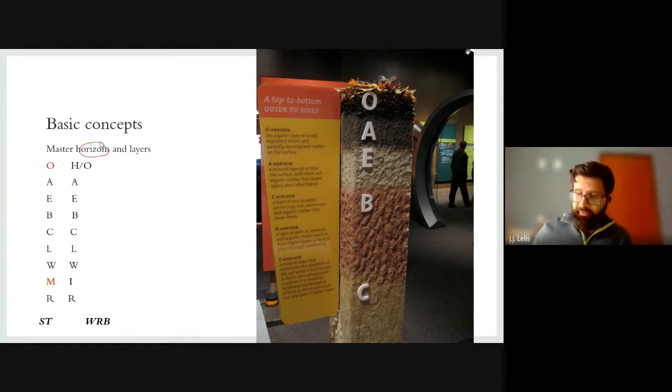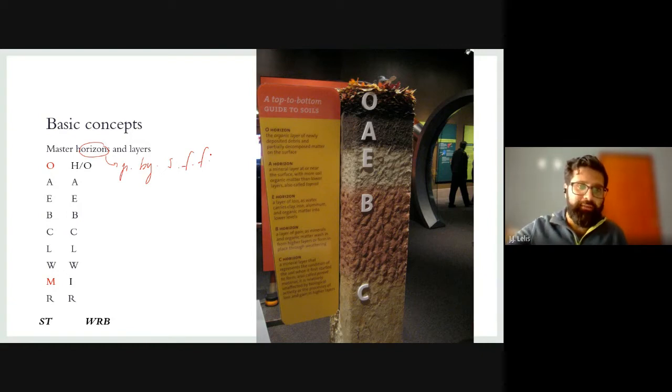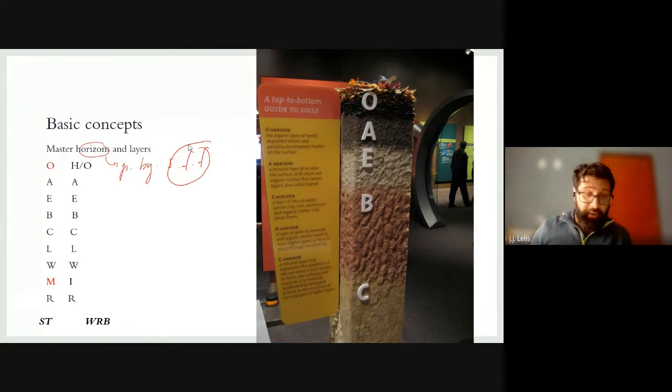So a horizon is produced by soil formation factors. What are soil formation factors, JJ? It's quite easy. They were defined in the past by Dokuchaev and by Jenny, and they are climate, parent material, relief, organisms, and time.